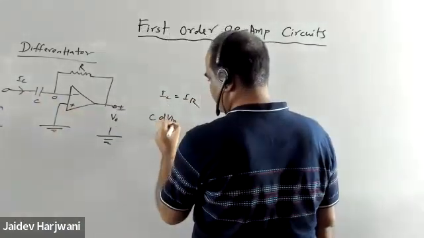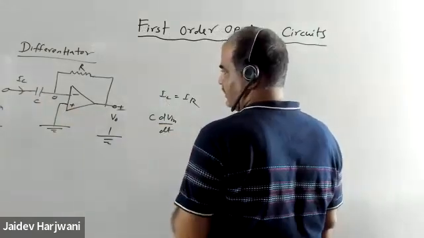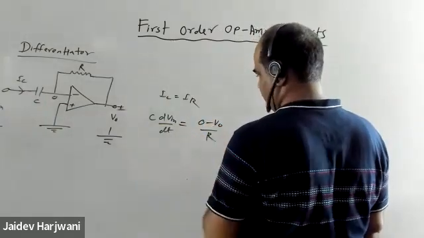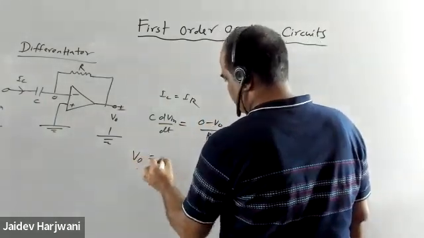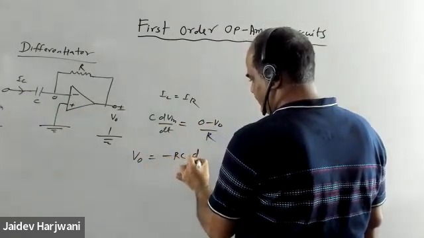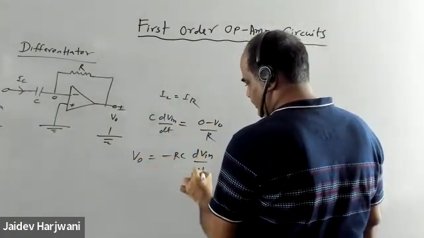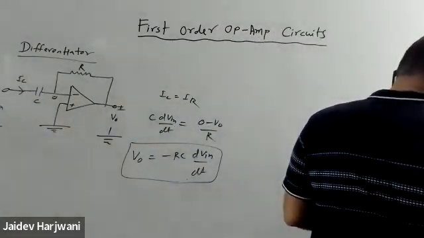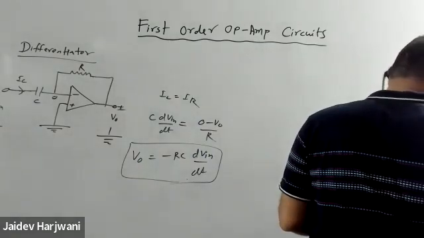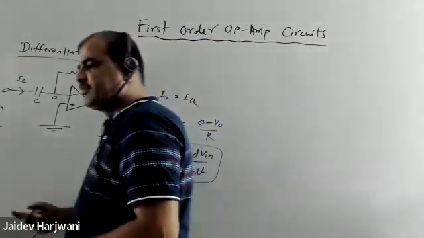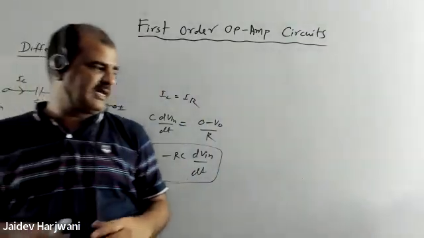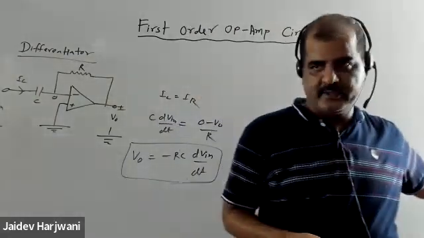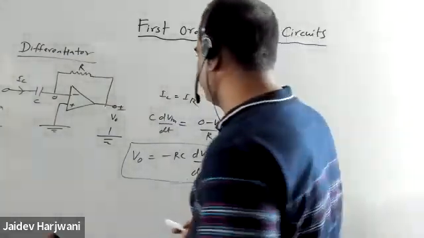So dV input upon dt equal to IR. IR is 0 minus V naught upon R. Okay, so if I want V naught, this will be minus RC dV input upon dt. Okay, so this is my differentiator circuit. So whatever input signal we will apply here, the output will be differentiation of input. Okay, so let me solve a simple problem.